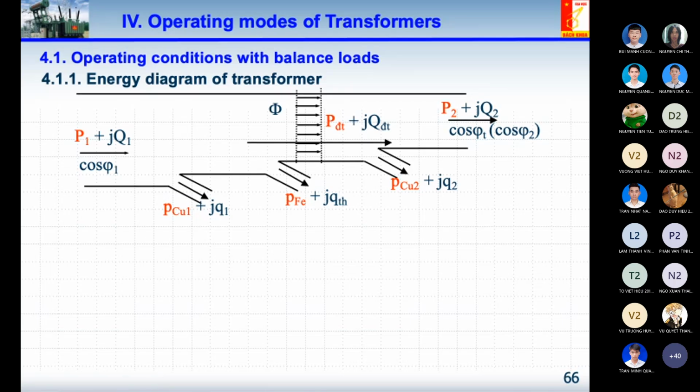And the rate of energy, that is the electromagnetic power PDT, goes from the primary winding to the secondary winding. In the secondary winding, we get PCU2, a copper loss, and then the output power P2 here.